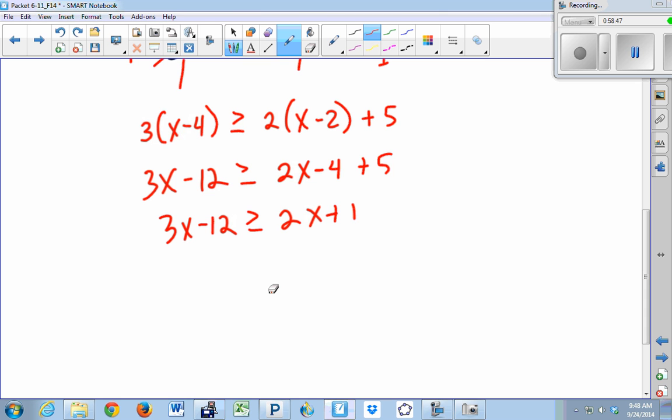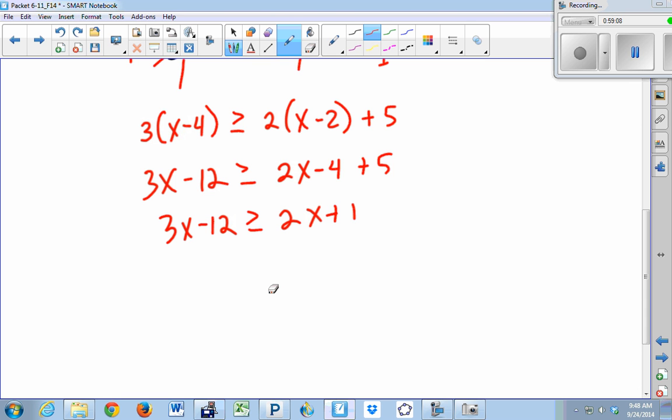If you decide to subtract 3x from the left-hand side and the right-hand side, you're setting yourself up to have a negative coefficient for x, which means you have to remember that darn rule. If you subtract 2x from both sides, you're golden because it will give you positive 1x, and you don't have to worry about the rule.